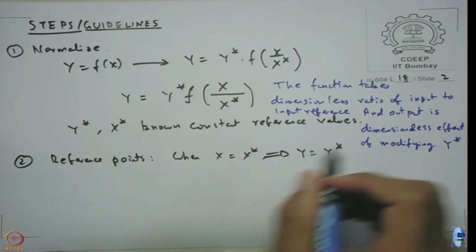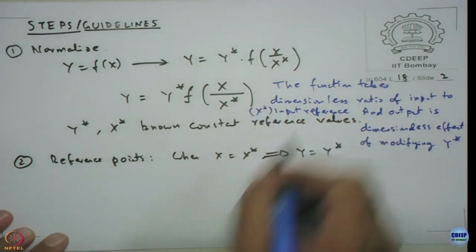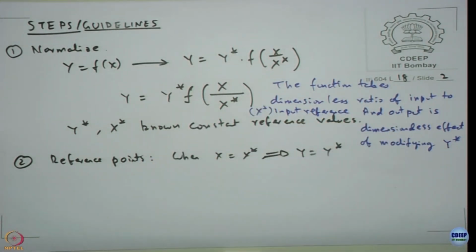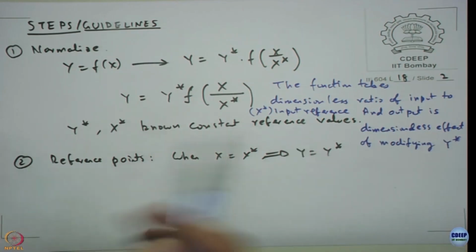The input reference is x star. So, the function actually takes the dimensionless ratio of the input x to x star, and the output is the dimensionless effect of modifying your y star.